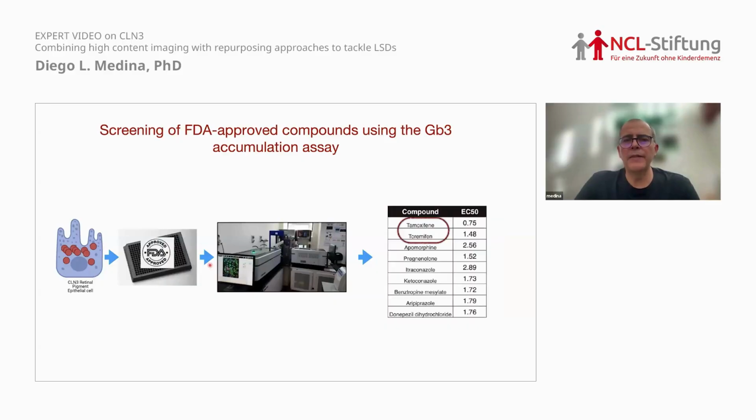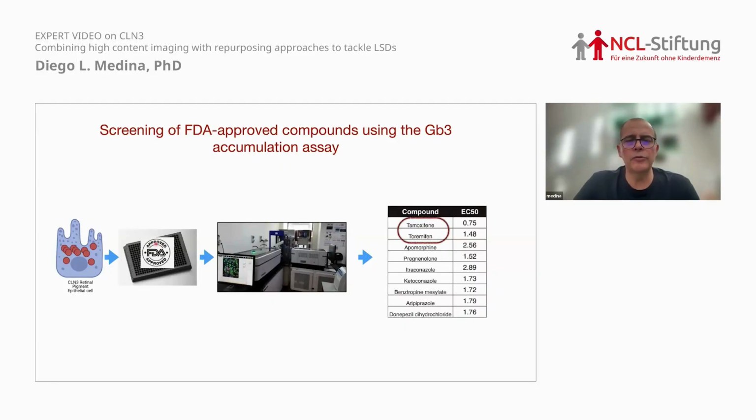So after the validation of GB3 accumulation in both cellular and mouse model of Batten disease, we decided to use a cell-based assay to detect GB3 accumulation for a screening of a collection of 1,500 drugs that are clinically approved, are FDA approved, okay?